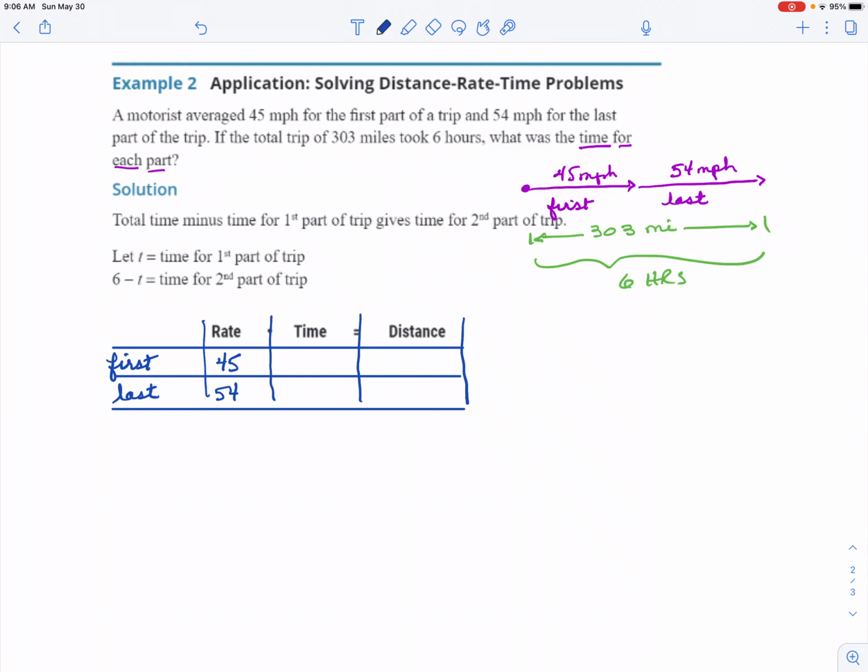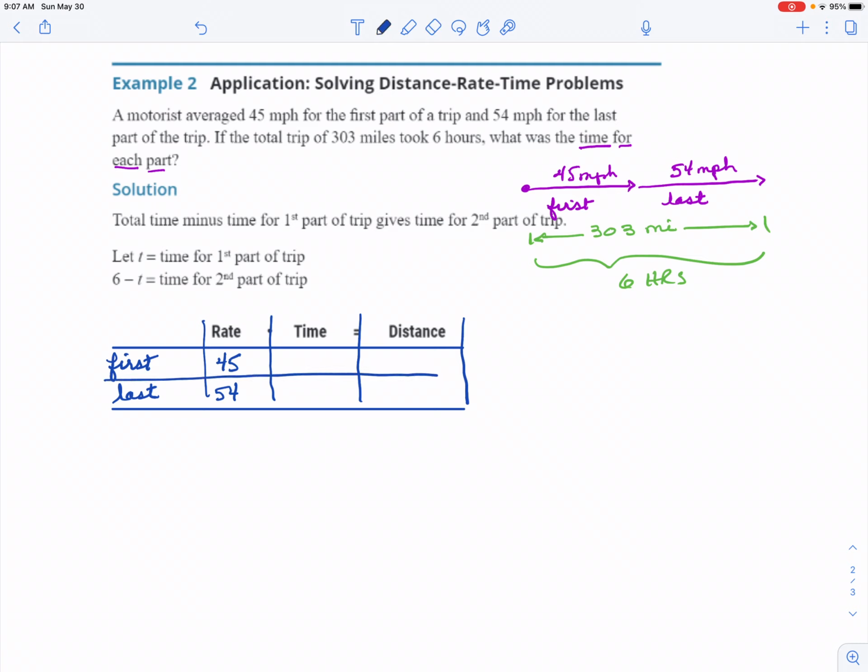Time: was it 6 hours on the first part of the trip? No, it was 6 hours for the whole trip. So I can't come in here with 6, because she went a certain amount of time for the first part, and then she went a different amount of time for the second part of the trip. So for the first part, can I put in a distance of 303?